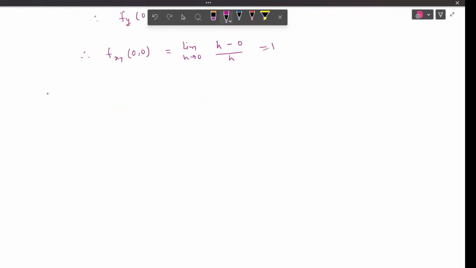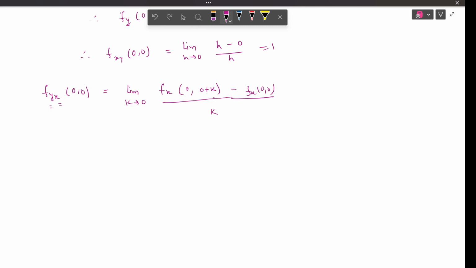Okay. Now let us find out the value of fyx(0, 0). Now here x is first, y is second. So it will be limit k tends to 0, fx(0, 0 plus k) minus fx(0, 0) upon k.